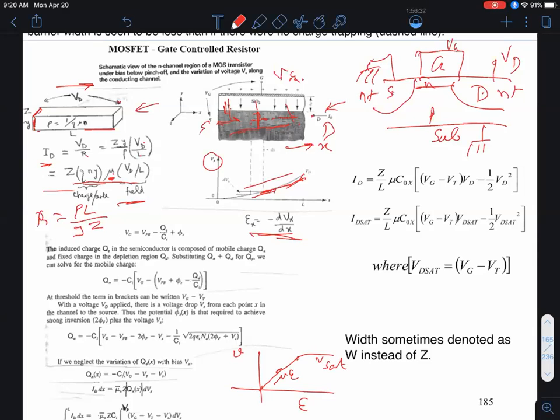Okay, so let's look at the other term. So mu times this is my mobility times electric field in the ohmic region, or the drift velocity. Now let's look at this term. What is this? It's electron charge q times N, which is the number density per centimeter cubed, the carrier concentration, times y. Okay, so what will be the units of the stuff in the parentheses? It will have units of coulombs per centimeter squared.